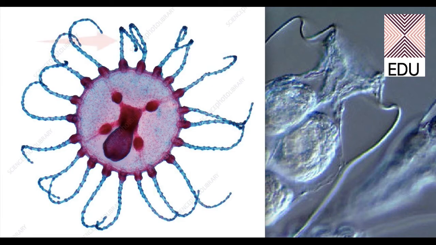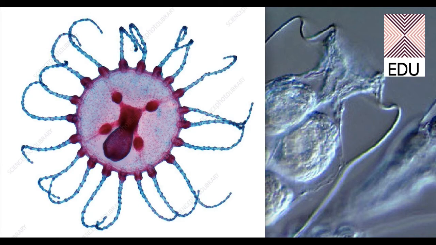And these are the tentacles, and tentacles have stinging cells. Here you can see small protrusions which are the stinging cells. So it can catch the prey, paralyze it and eat it. These medusae are also called jellyfishes. They are quite transparent and they can swim in water.